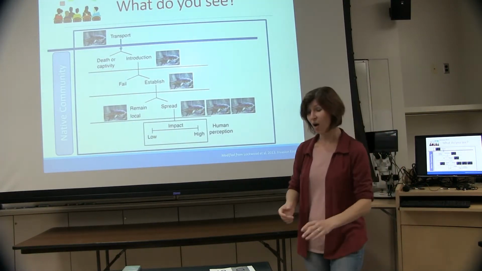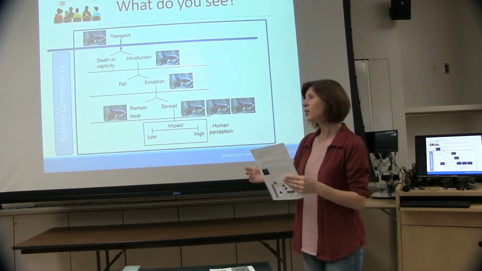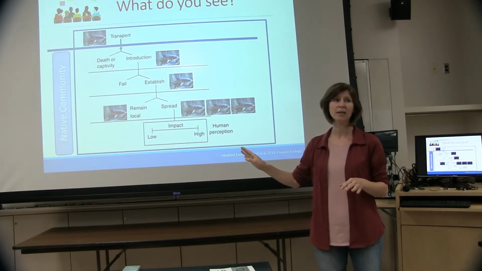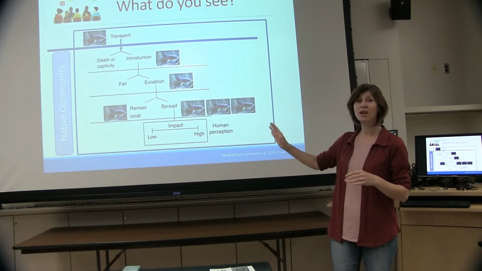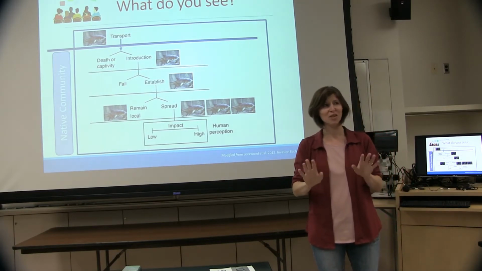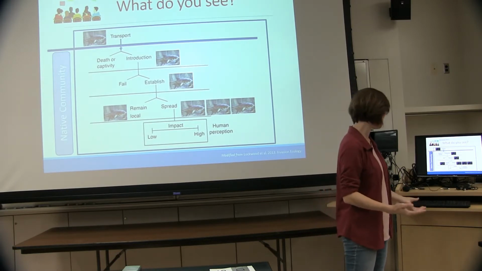And this is the final part of our worksheet. What I would like you to do is take a look at this slide and just describe what you see without any thinking or interpretation. So just tell me, what do you see here?